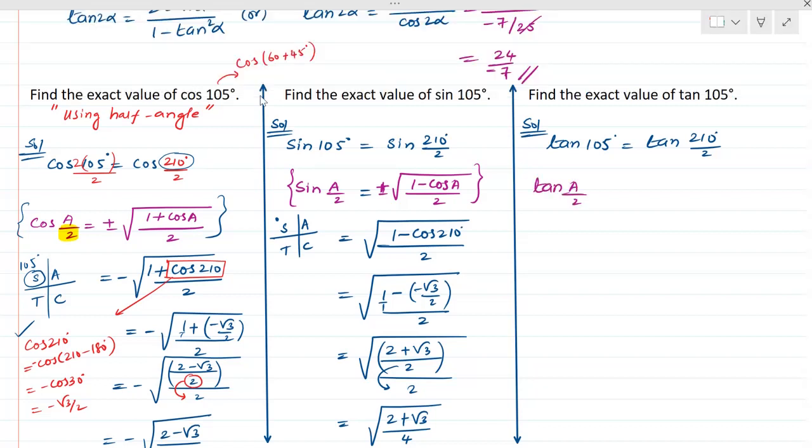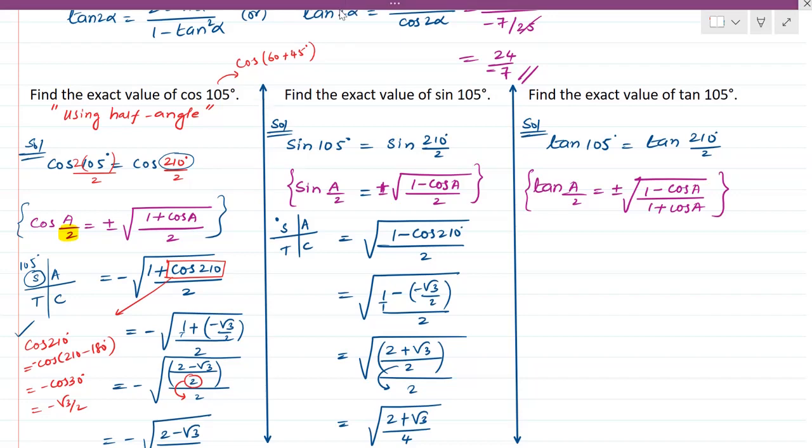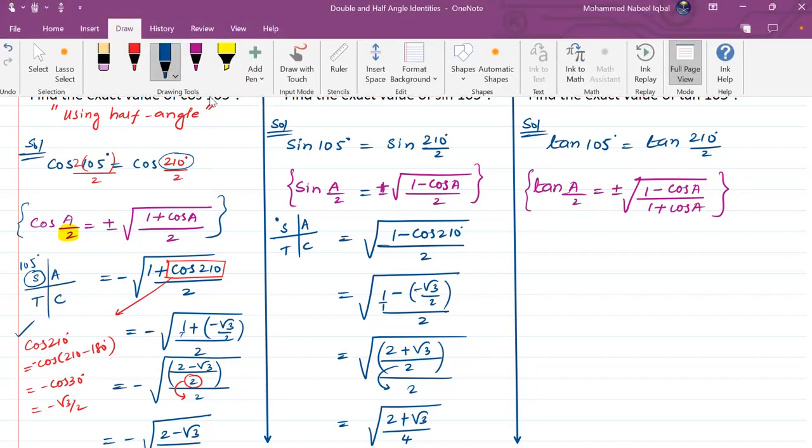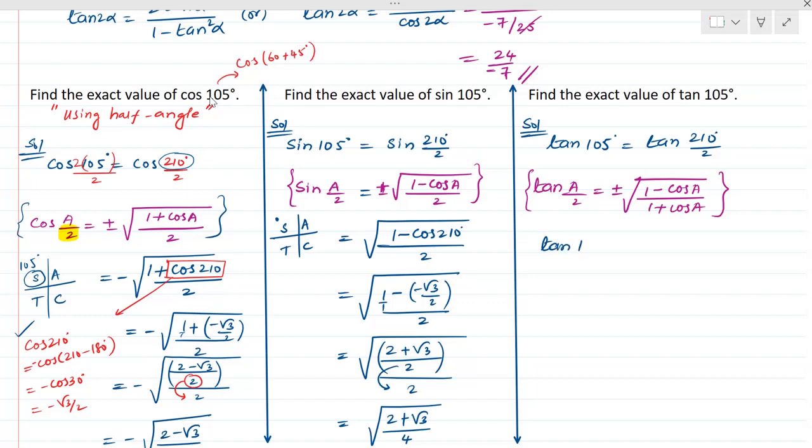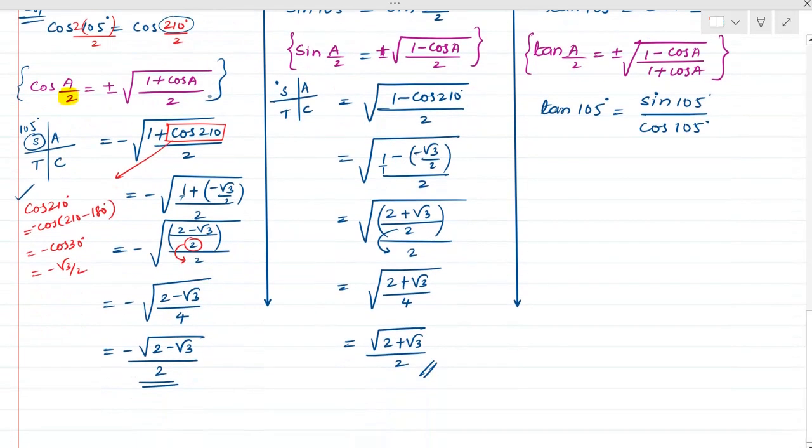Tan A over 2 is given by plus or minus square root of 1 minus cosine A over 1 plus cosine A. Otherwise we use the basic trigonometry definition of tan. Tan 105 is sine 105 divided by cosine 105. Just divide, because we have the sine and cosine values. If you don't have these values, you have to use the rule. If you have the sine and cosine values, just divide.